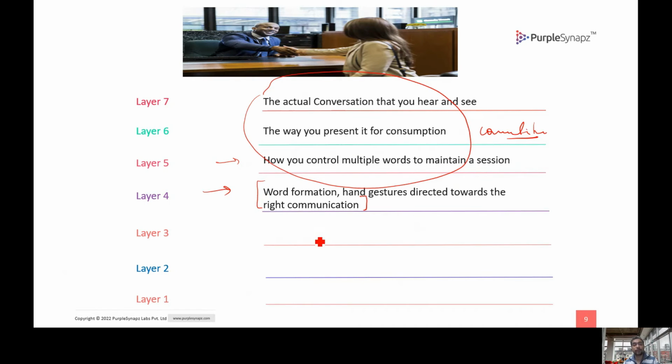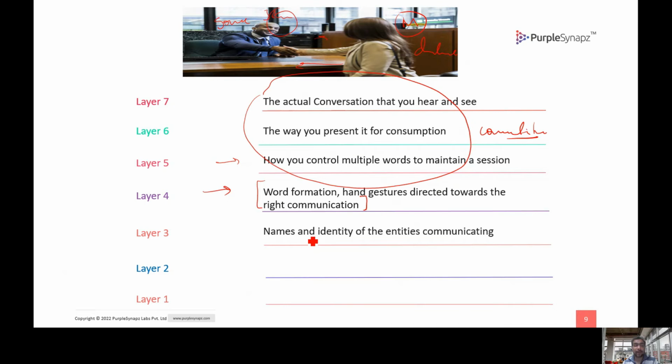Now, hand gestures are fine. Where is this information going from? The source and the destination, and vice versa, right? So this is John, this is Martha. John and Martha are entities who are communicating with each other.